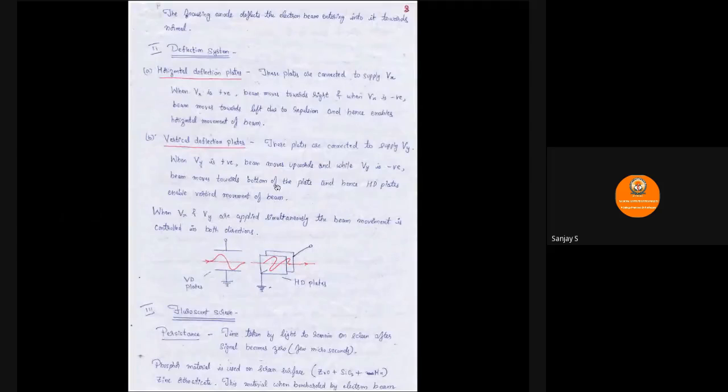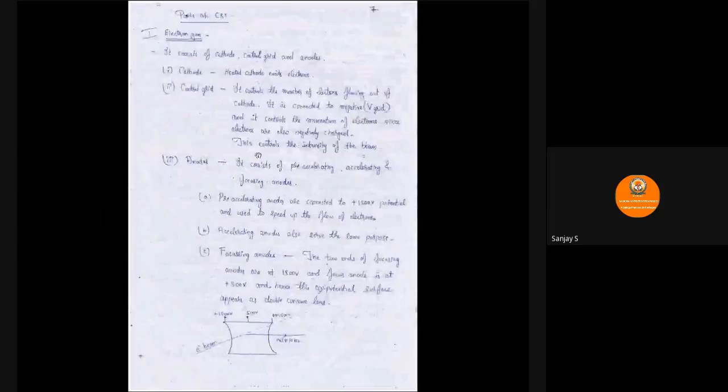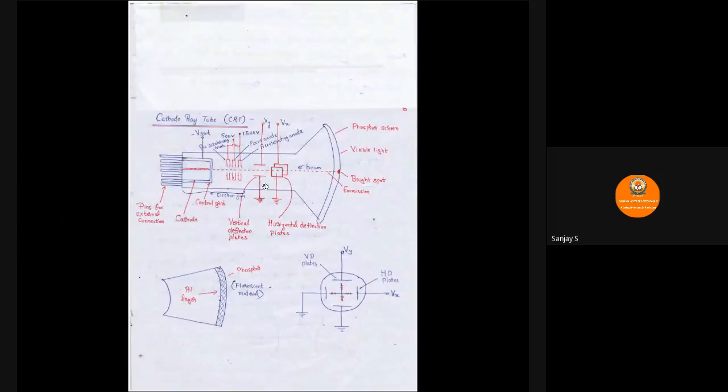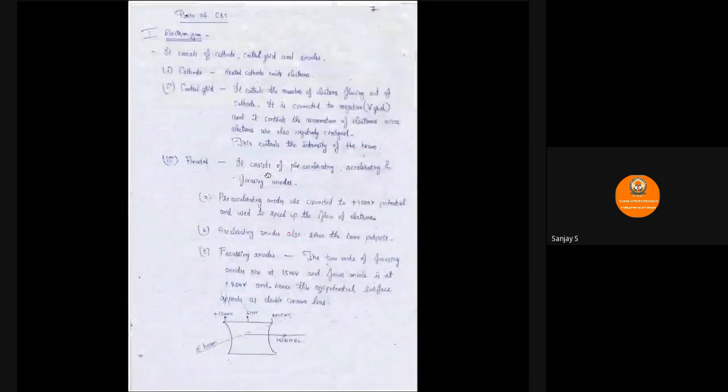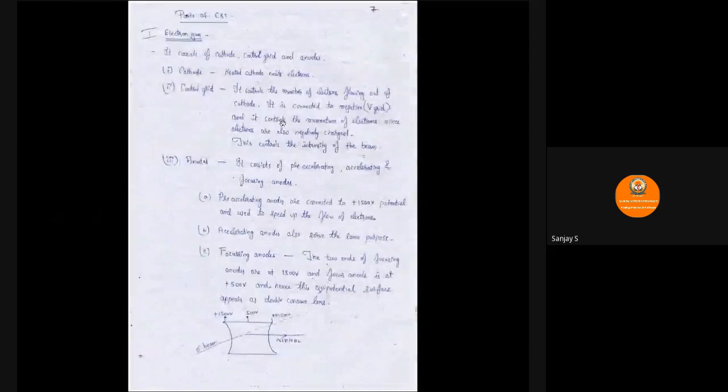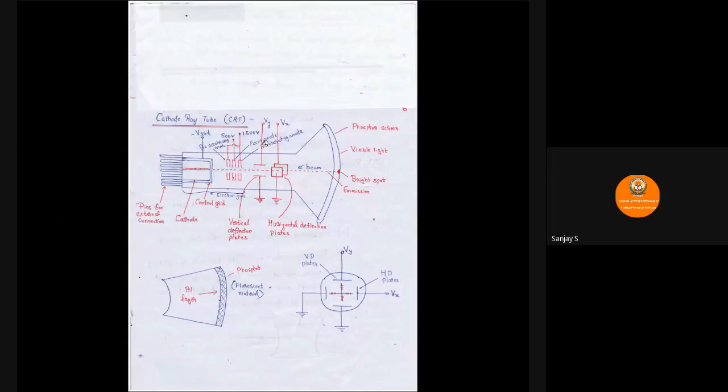Then we have the deflection system. As you can see in the diagram here, the horizontal deflection and vertical deflection systems form the deflection system. In the horizontal deflection plates, we have two plates that are connected to Vy. In the vertical deflection plates, they are connected to Vy on one side, and the other one is connected to the ground.